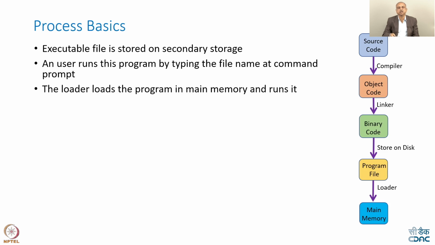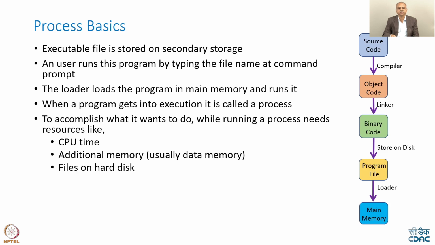Once that is done, the loader comes into the picture. The loader will load the program at an appropriate location in the main memory and transfer control to this program, thus the program is run. Once the program is running, it gets into execution mode, and this program, which was in the form of a file on the hard disk, when it gets into memory and starts running, we call it a process.